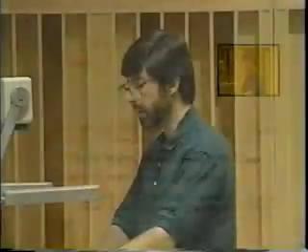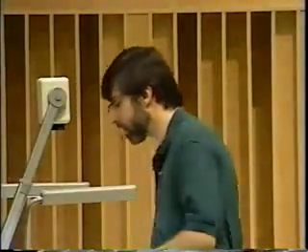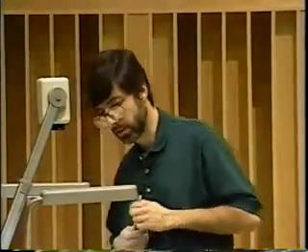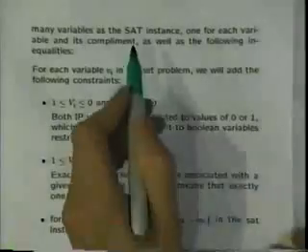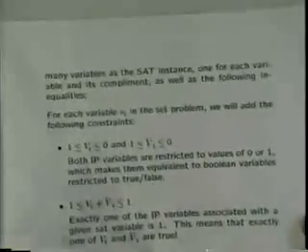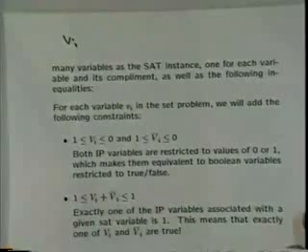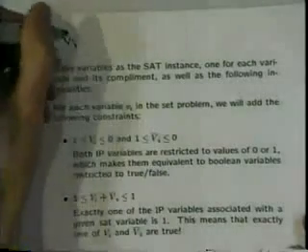My idea is going to be, I'm going to create an integer programming problem that's going to have twice as many variables. There's lots of ways you could do this translation. This is probably the one I think is simplest. We take every variable in the satisfiability instance, vi, which is a Boolean variable.